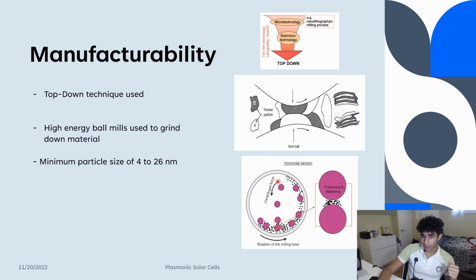The friction between the rotation of the milling bowl and the high energy balls grinds down the material into nanoparticles, with a minimum size of 26 nanometers. And what's interesting is that the shape of these nanoparticles is homogeneous at the end, which means they take a good circular shape that can be used on the surface of a metal.